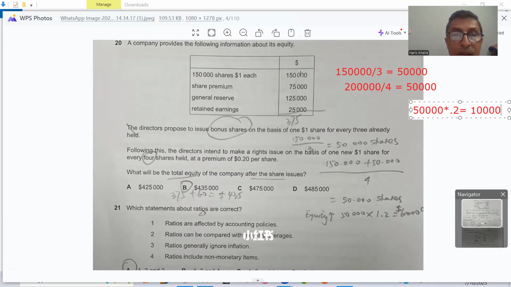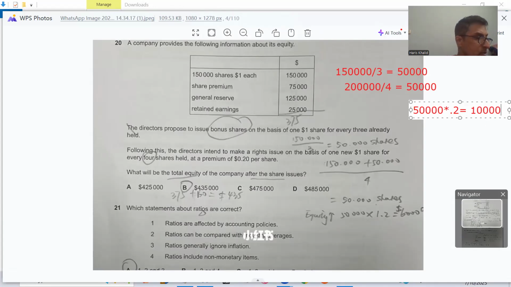So 150,000 plus 50,000 bonus shares plus rights shares becomes 2,50,000. 75,000 minus 50,000 for bonus shares is 25,000, and the share premium for rights shares, 10,000, makes it 35,000. 1,25,000 is the general reserve, which will remain the same. Retained earnings will remain the same. So the total equity is going to be 4,35,000. So B is going to be the answer.